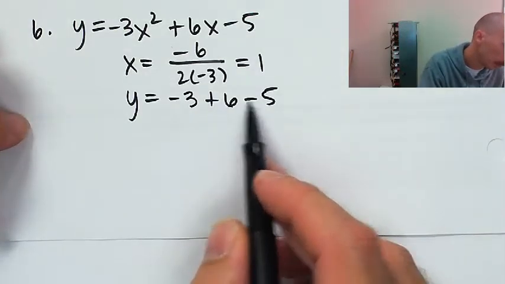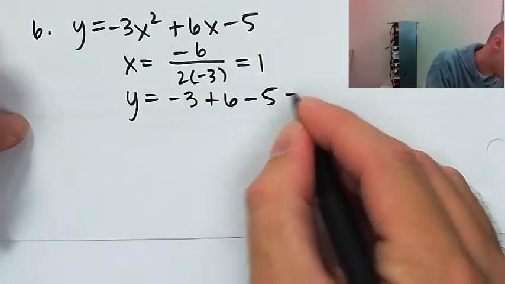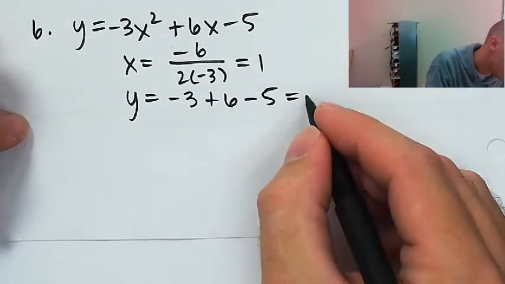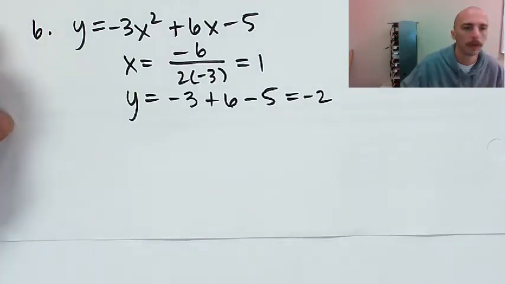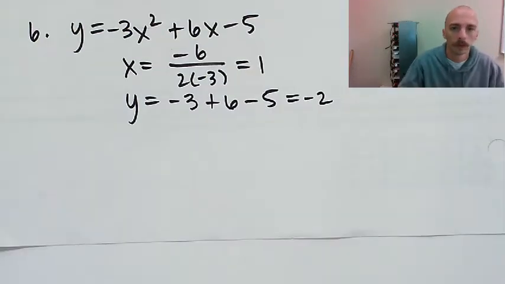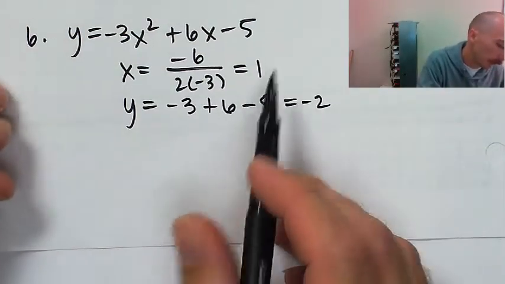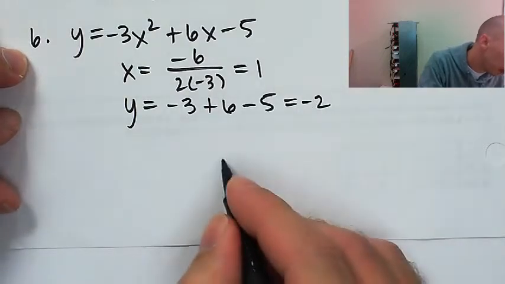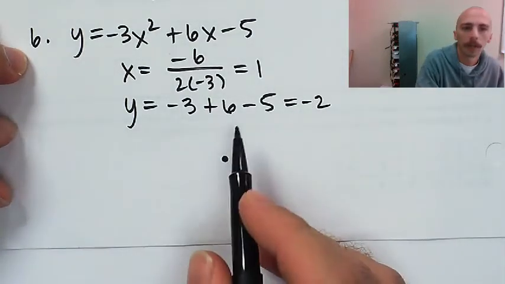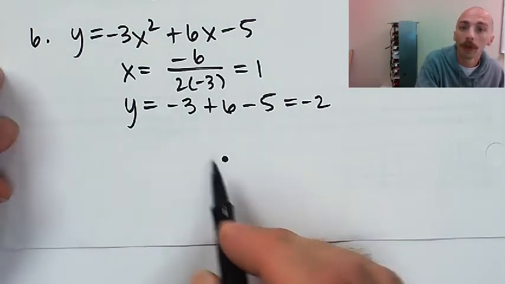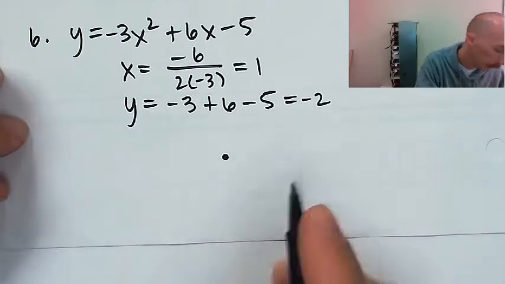So I'll say 6 minus 5 is 1, 1 minus 3 is negative 2. And so now I can plot my vertex, x equals 1, y equals negative 2. So it's there. That will be where x is positive and y is negative. That will be in the 4th quadrant.